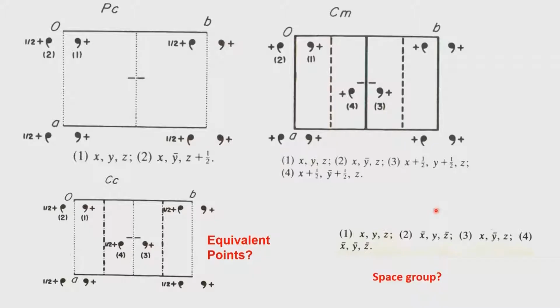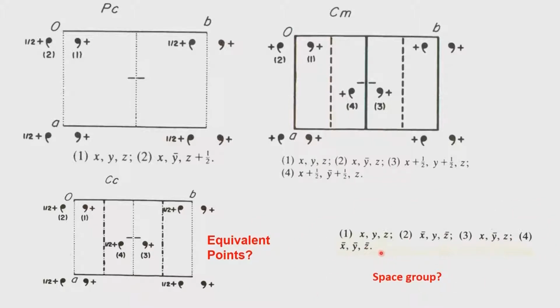Suppose it is a primitive lattice like here, identify the primitive lattice, then look for the existence of x y z, x bar y bar z bar. That will tell us that it is a centrosymmetric system, and then you look for the operation of the two-fold and the operation of the mirror symmetry as we see here. So, it is very easy to conclude the space group is P2/m.